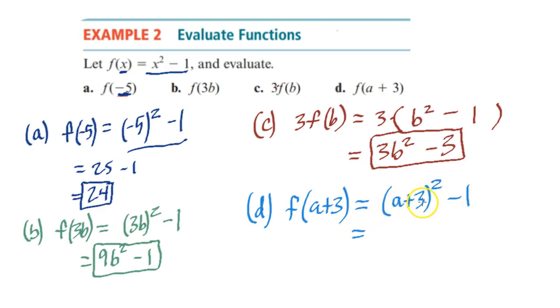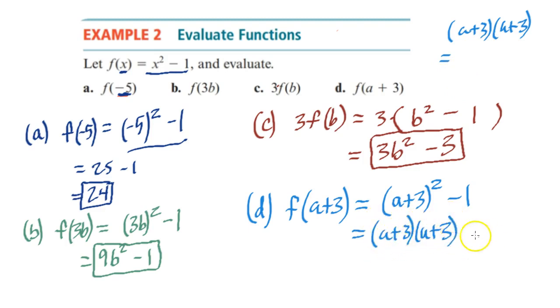So a plus 3 squared is the same thing as a plus 3 times a plus 3. Repeated multiplication is what an exponent does. So I'll just do it down here. A plus 3 times a plus 3 minus 1.